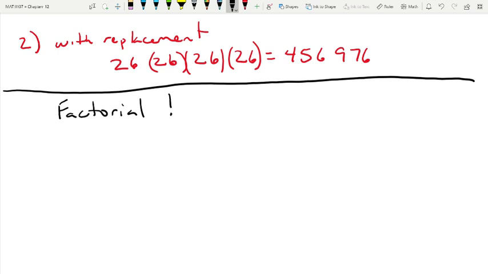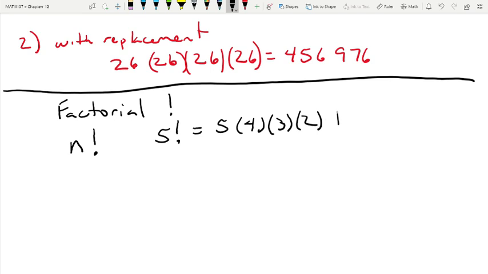And so you have something called n factorial. So for example, if we had 5 factorial, what that means is 5 times 4 times 3 times 2 times 1, which in this case would be 120.